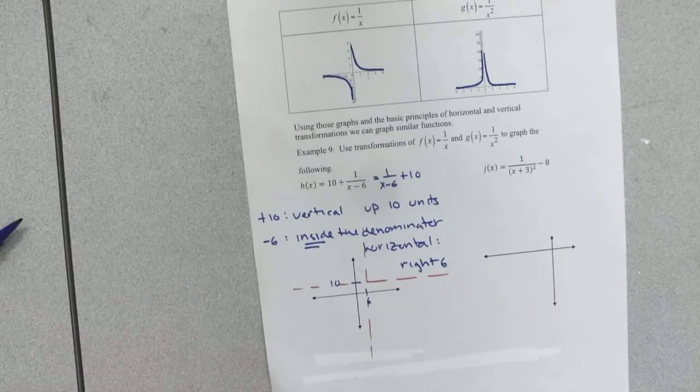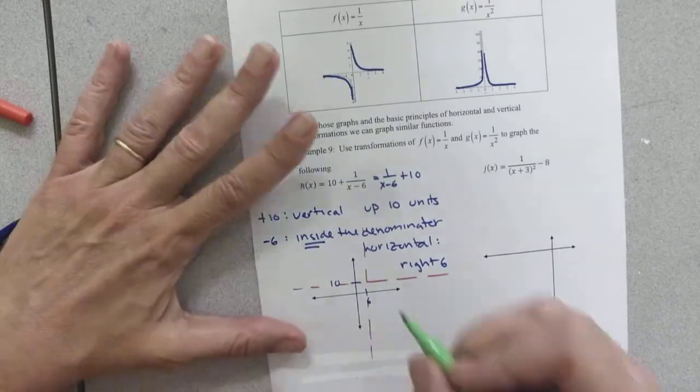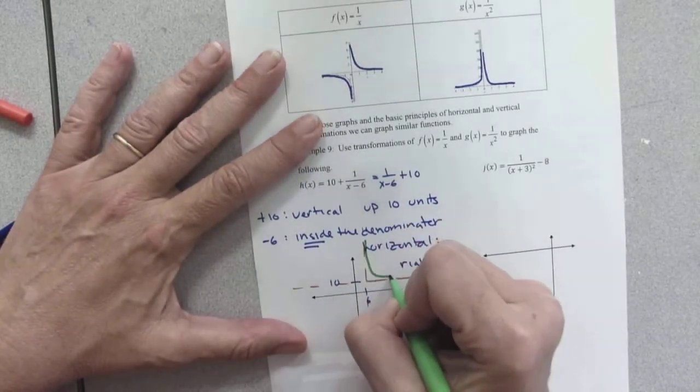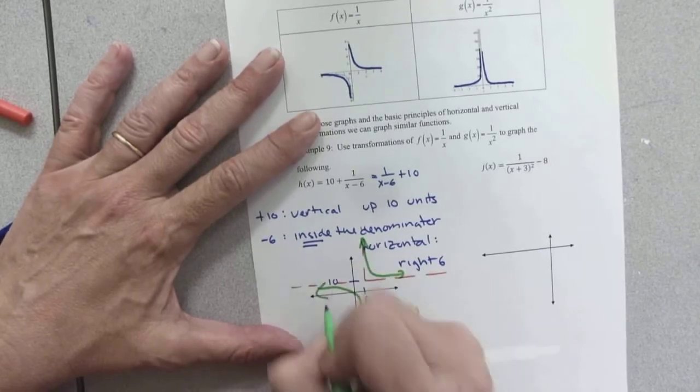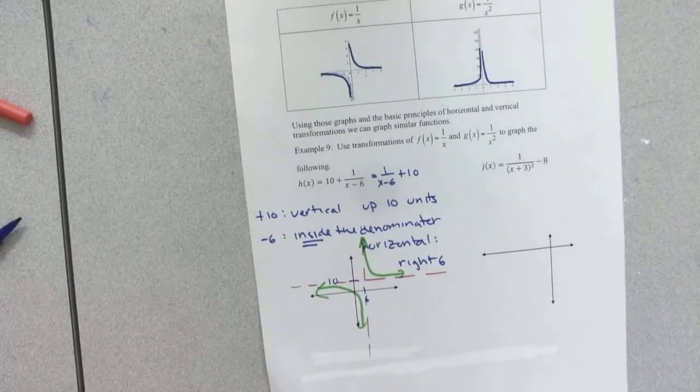And I really did not plan my paper well here. So let's use a different color for the graph so that my blue writing and my graph aren't all blue. But it moves around those asymptotes. And then you just draw that same graph in those asymptotes, and I'll do it in green. There's my graph, that you're just moving around those asymptotes.